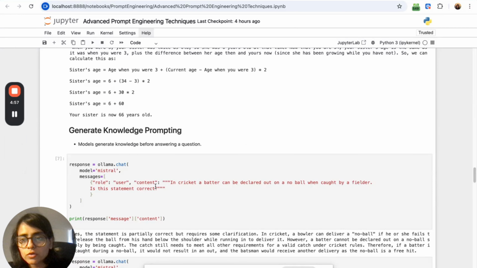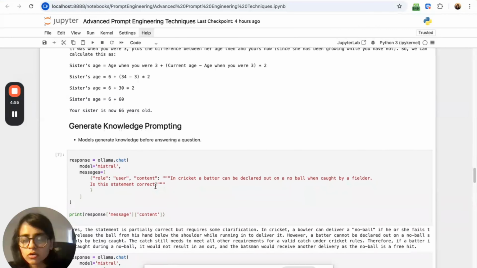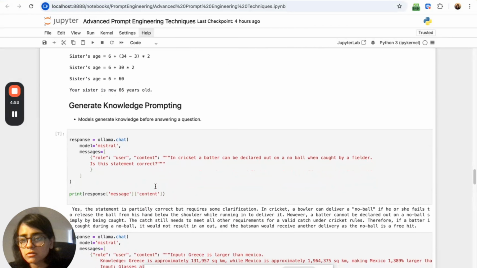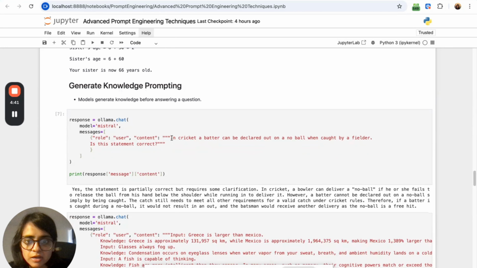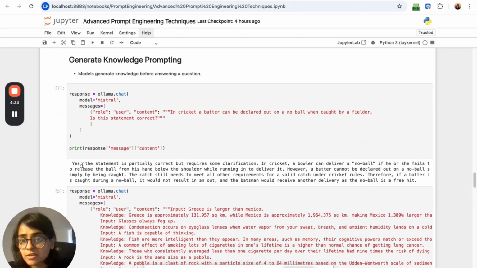Okay. So now moving on to the next one, which is generate knowledge prompting. Sometimes the models are not able to perform well when you're asking a question which requires some kind of knowledge in order to be able to answer it. So, for example, here I have asked the LLM: in cricket, a batter can be declared out on a no ball when caught by a fielder. Is this statement correct? The model says yes, which is not correct.